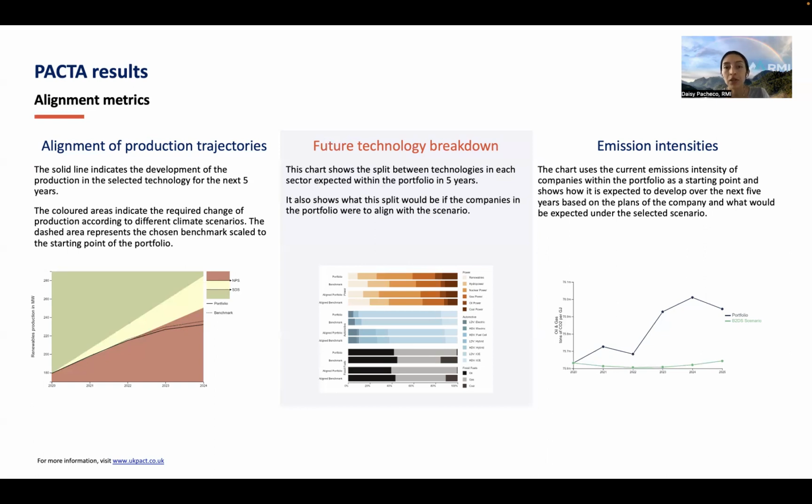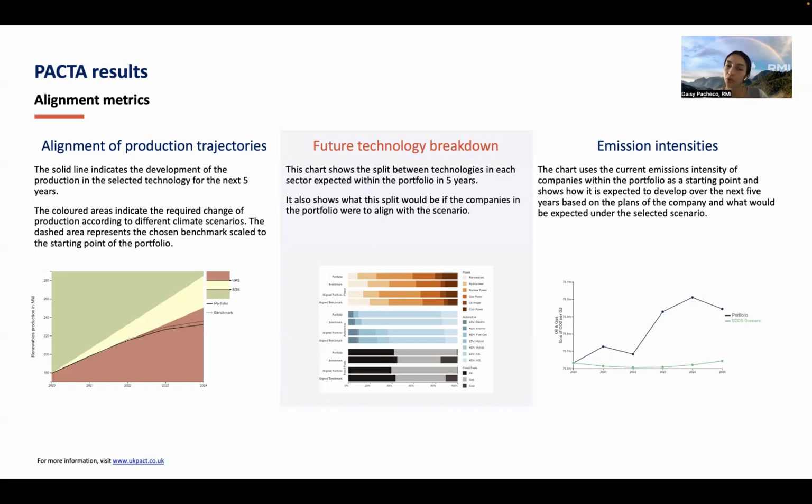In terms of the future technology breakdown, this chart shows the split between technologies. So very similar to the first one that we saw, but this is focused on the sectoral split within the portfolio in 5 years.